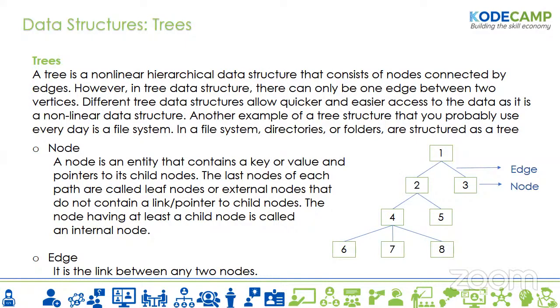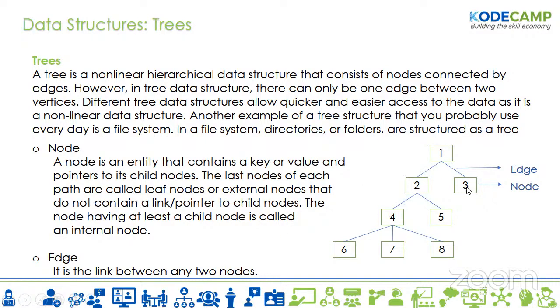A node is an entity that contains a key or value and pointers to its child nodes. The last node of each path is called a leaf node or external node. These do not contain a link or pointer to child nodes.